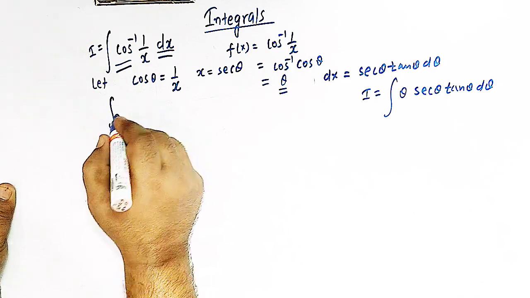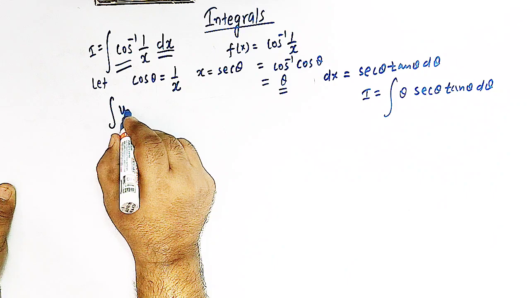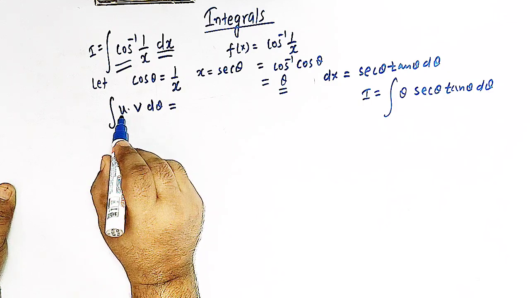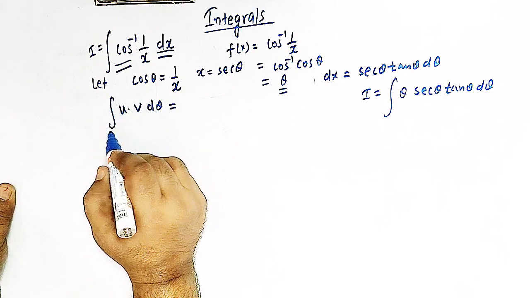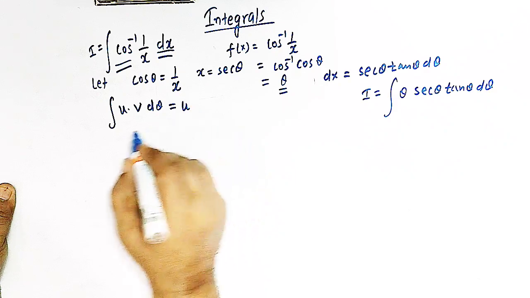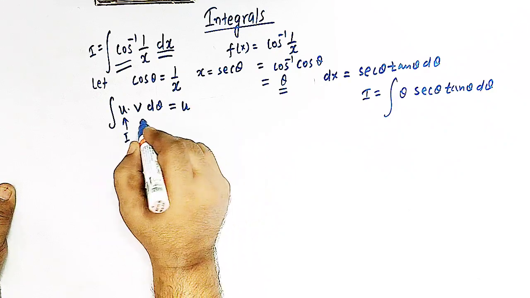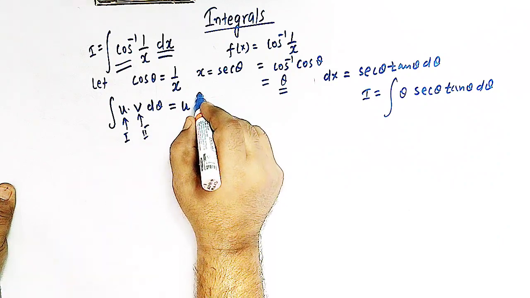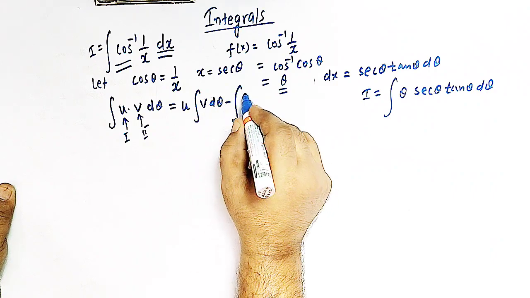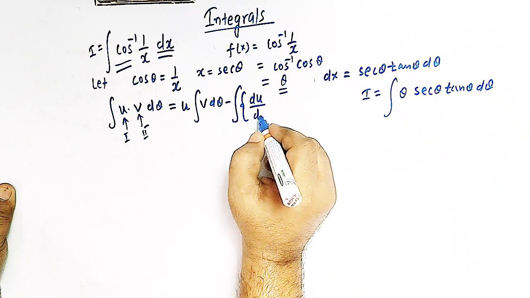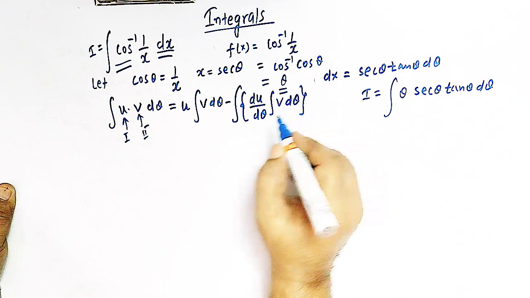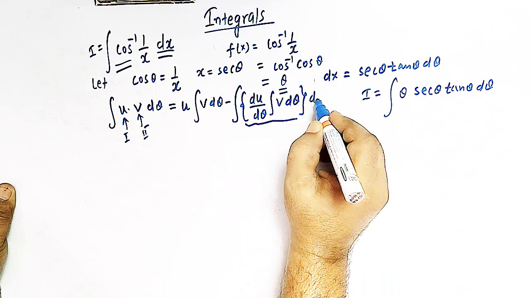Suppose u and v are functions of theta, then the integral of the product of the functions u and v d theta is given by u, taking u as the first function and v as the second function, multiplied with the integral of v, minus the integral of the derivative of u with respect to theta times the integral of v d theta, and this entire term is integrated with respect to theta.